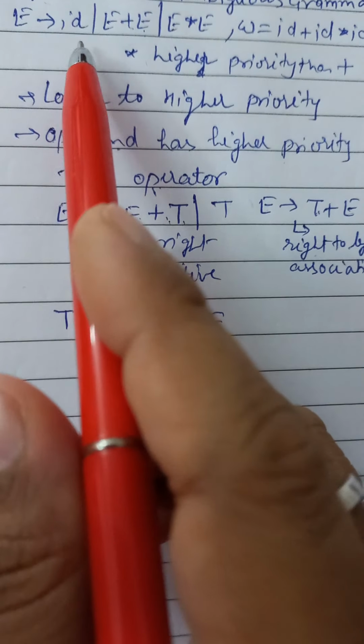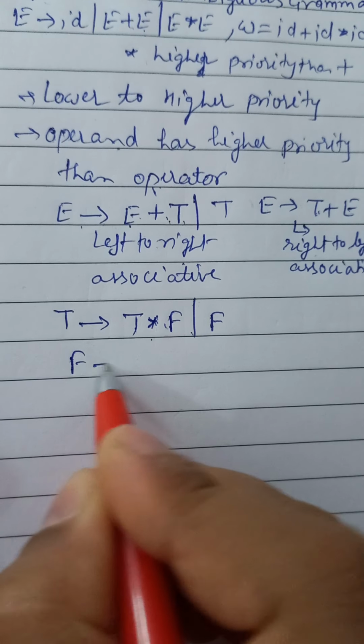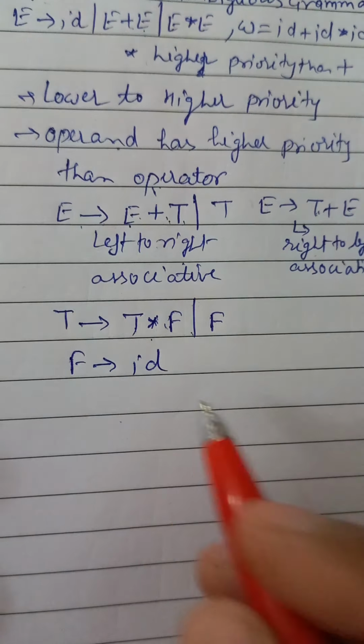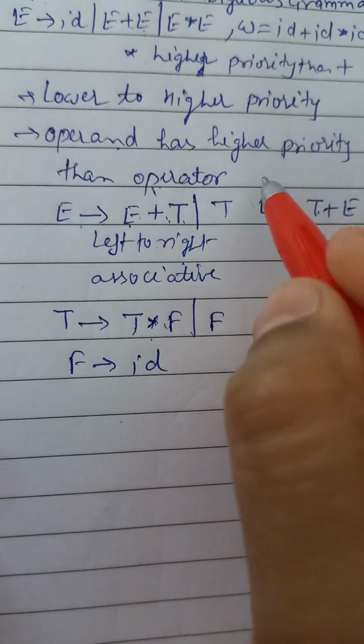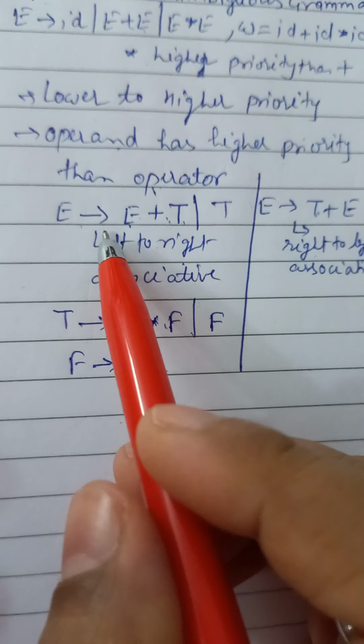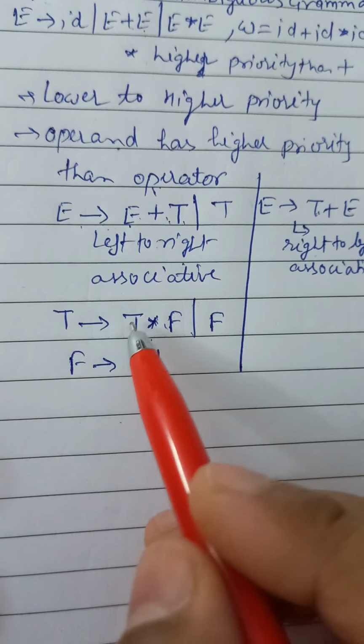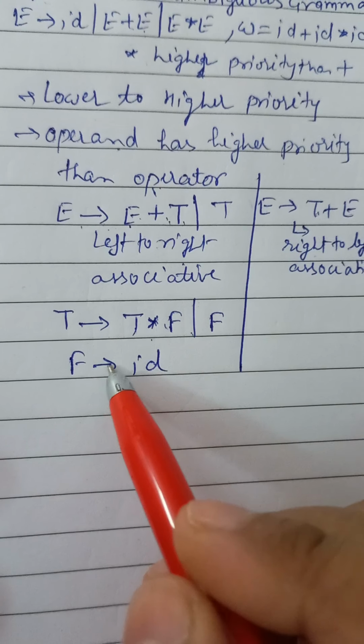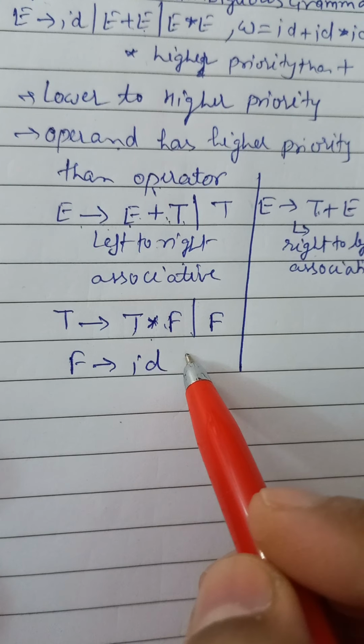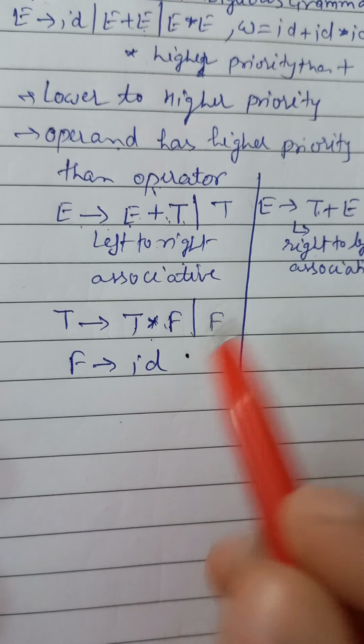Now what is left? id. So we write F tends to id. So this is our new grammar: E tends to E plus T or T, T tends to T star F or F, and F tends to id. This is our new grammar, which is unambiguous, or we can say which is not ambiguous.